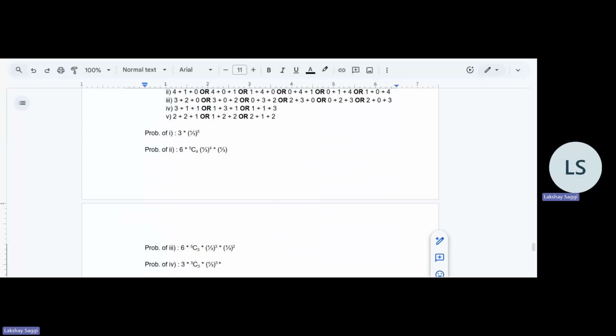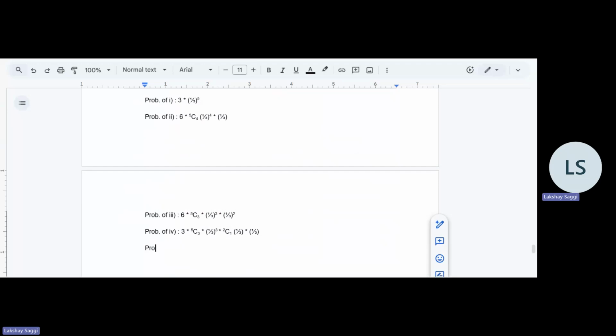From these 2 balls, you have to send one to the second bin and one to the third bin. So you choose one of these 2 balls and send it to the second bin with probability 1/3, and the other ball you send to the third bin, again with probability 1/3. So this is the idea.